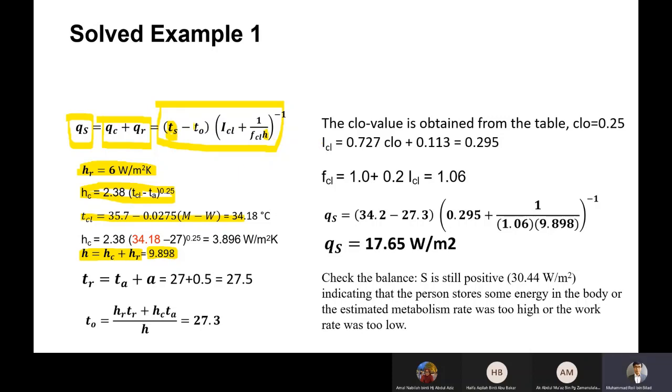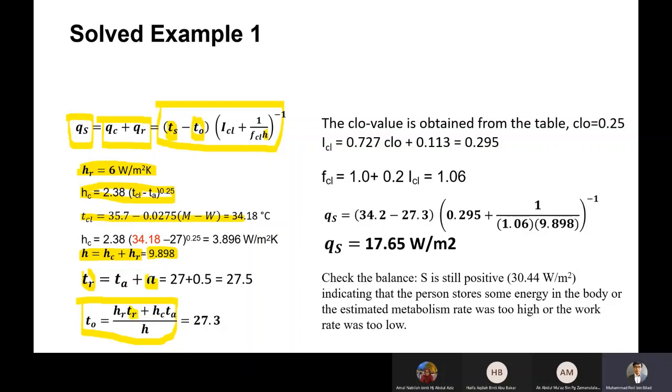Next, we go for To. To is equal to Tr. Here, what we don't know is Tr. Tr is the ambient temperature plus a constant.